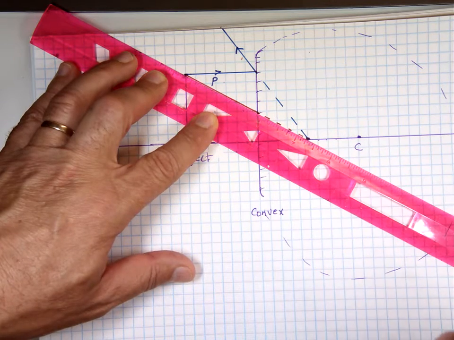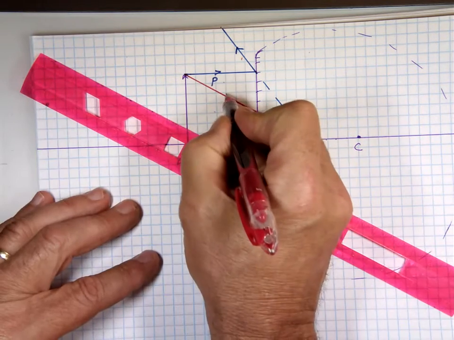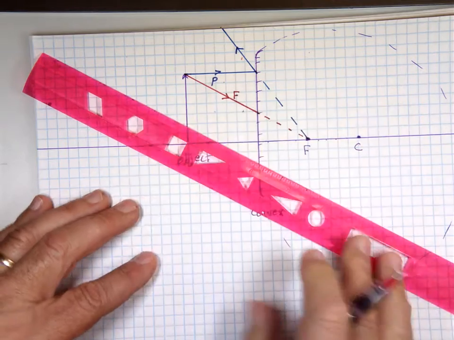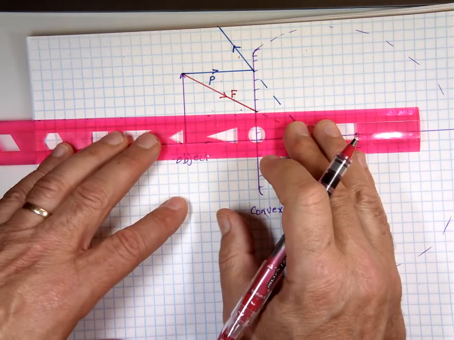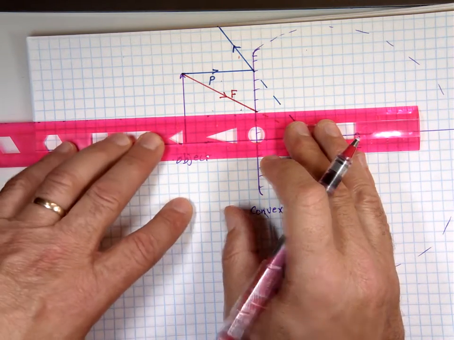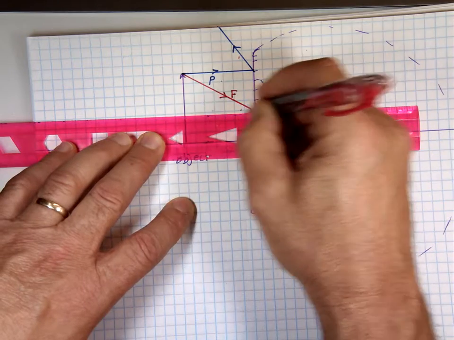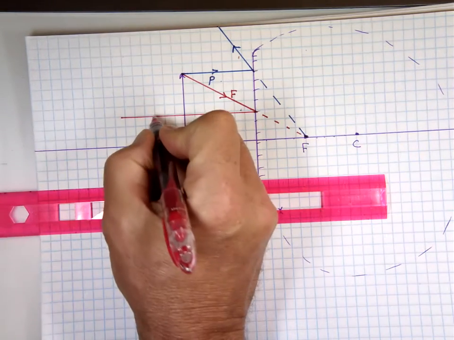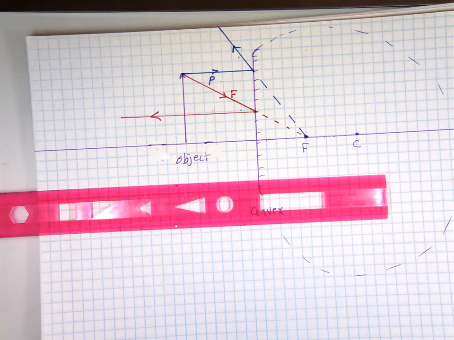Once it hits the mirror, it's going to reflect parallel to the axes. Parallel, in this direction. It's going toward the focal point. Once it hits that mirror, it changes its mind and goes backward, parallel.